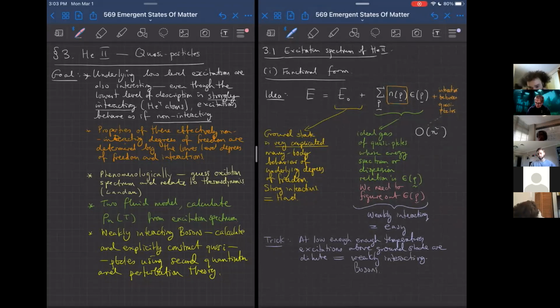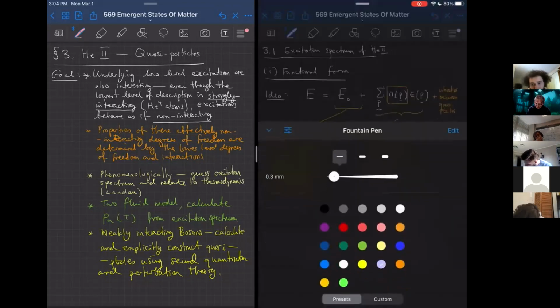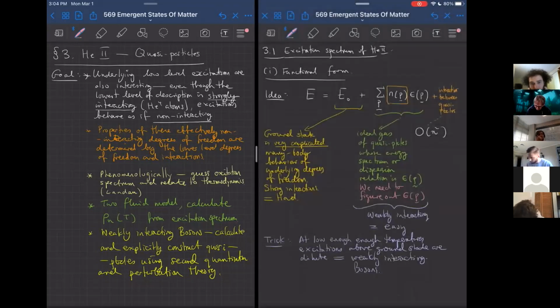So what did Landau do? Landau had a great idea that if this is true, when you measure the heat capacity of a system, what you are measuring is the excitations above the ground state.